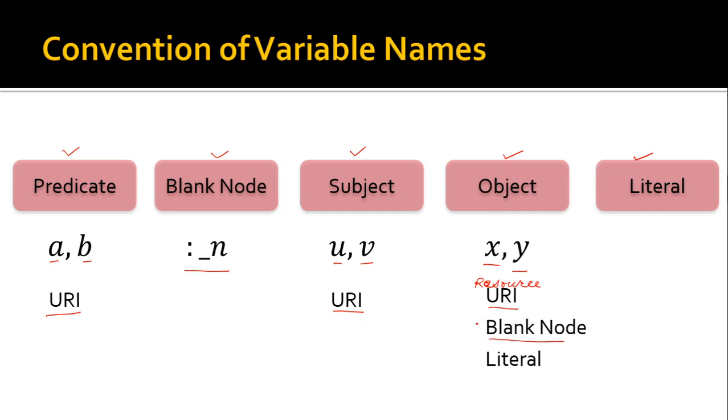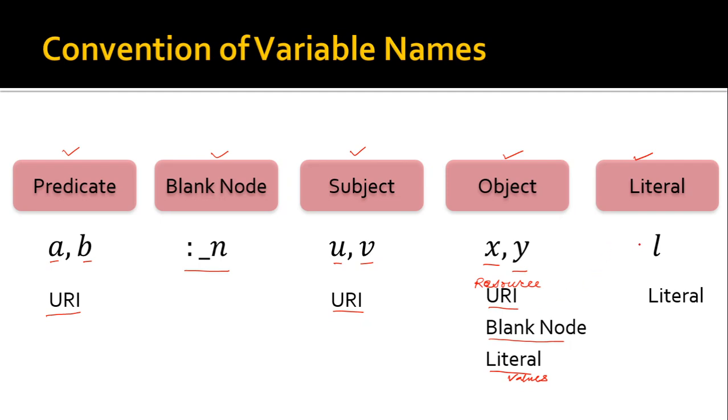So one object node can be a blank node, or it can be a literal. So here we are talking about values, right? So the object can be a single value, like the title of a book or the number of pages of the book, right? But the author of the book will be a URI, in a better design of your knowledge base, right?